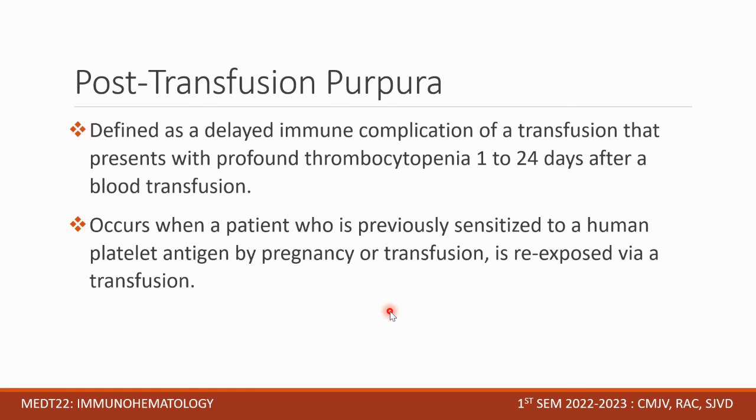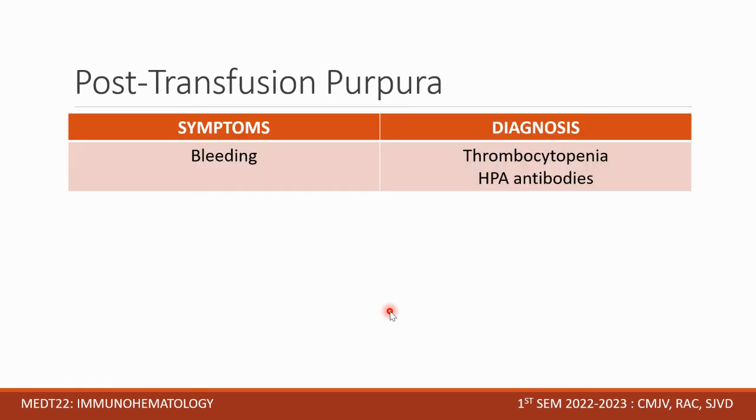So, na-sensitize na si patient. Ngayon, tinransfusan ulit siya, this time meron na siyang pre-formed antibodies. So, yun yung nagre-react which causes the thrombocytopenia or the purpura. Okay? So, yung symptoms natin, we can see bleeding. Okay? So, bleeding.